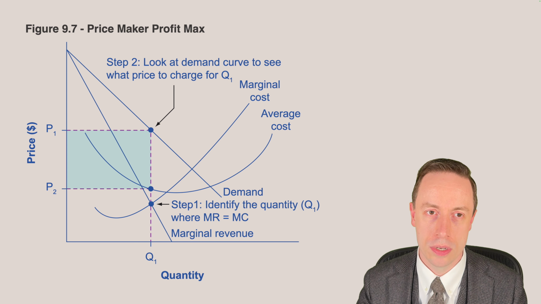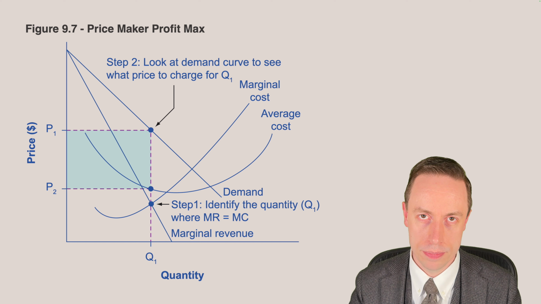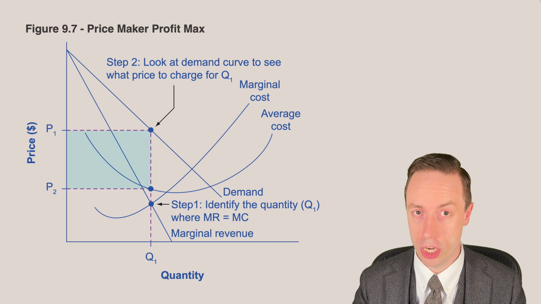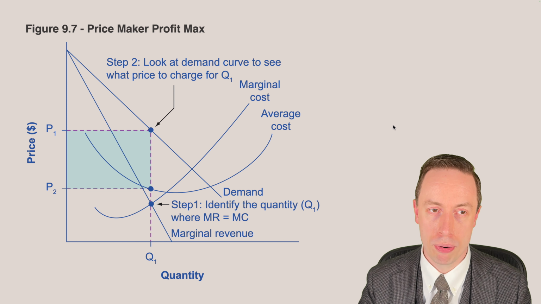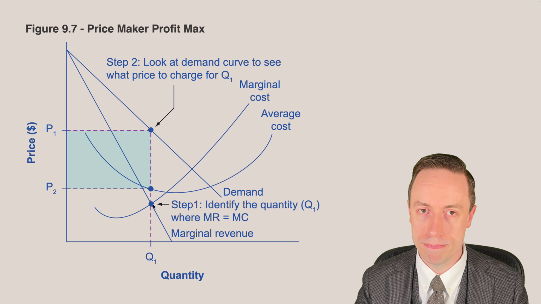So let's look at this from an allocative efficiency standpoint. Allocative efficiency would be achieved if price is equal to marginal cost. So let's check with our monopolist. Price here. Marginal cost all the way down here. Allocatively efficient? Nope, that's a fail.